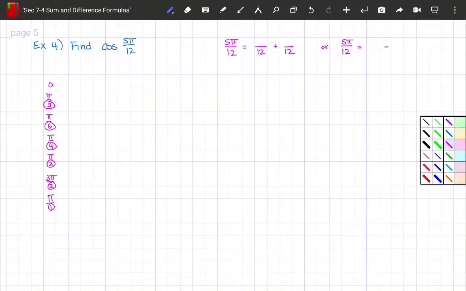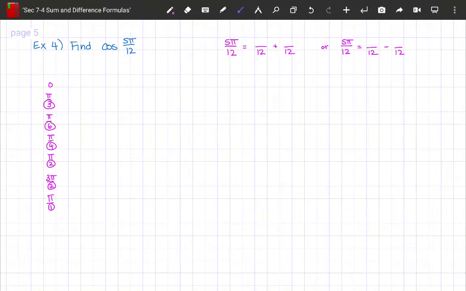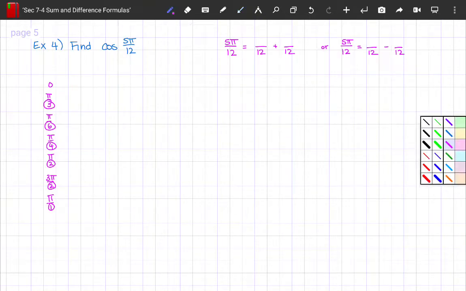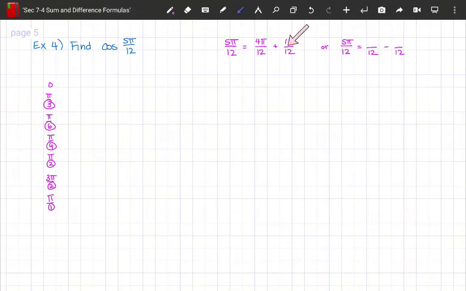Now, in order to add or subtract fractions, you have to have a common denominator. 12 is not in our list, so these fractions have to simplify. And the only way they're going to simplify is if the numerators have a common factor with the 12. So for instance, if I tried to do 4 pi over 12 and 1 pi over 12, sure, these do add up to 5 pi over 12.